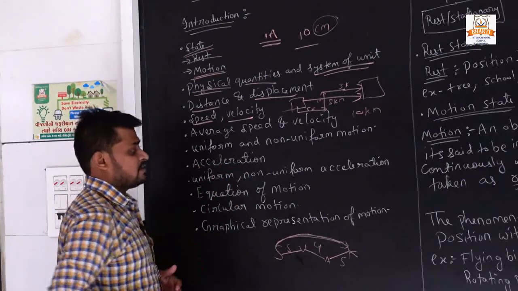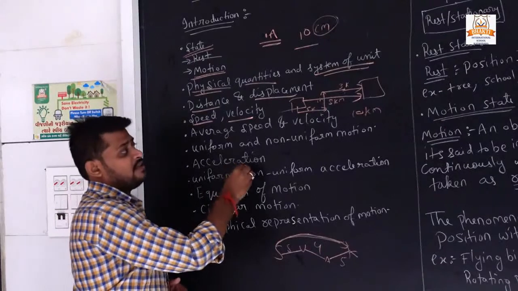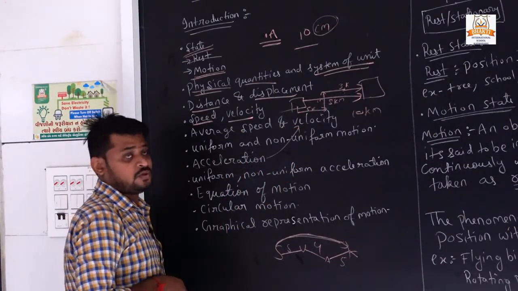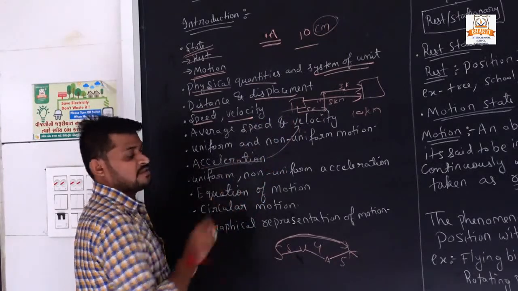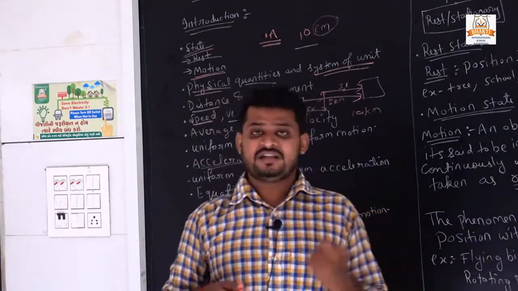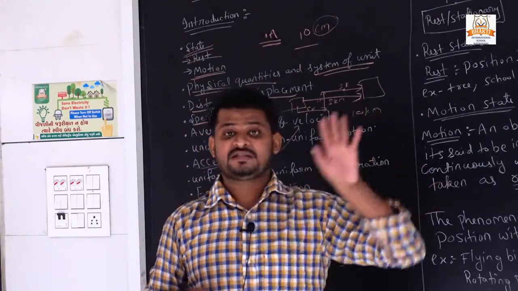What is acceleration? Acceleration totally depends on velocity, so proper knowledge of velocity is very important to understand acceleration. Mostly all students think acceleration means high speed, means to increase the speed.